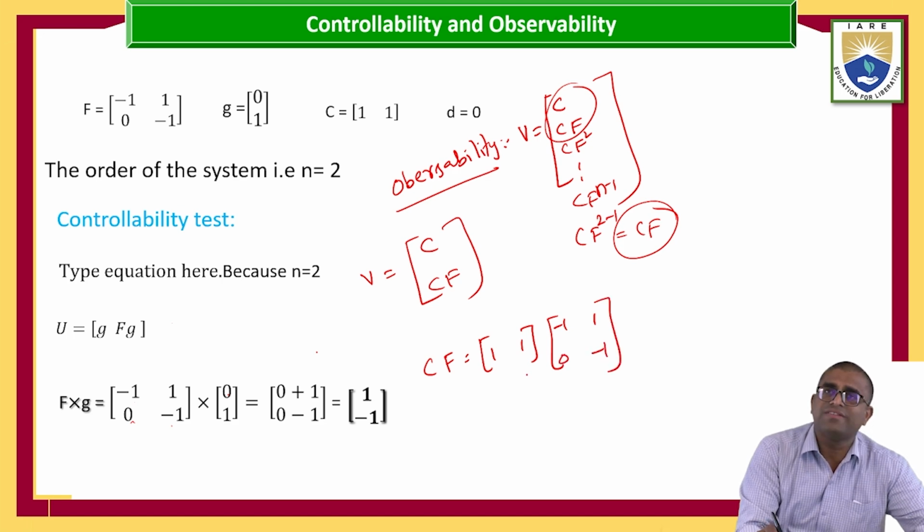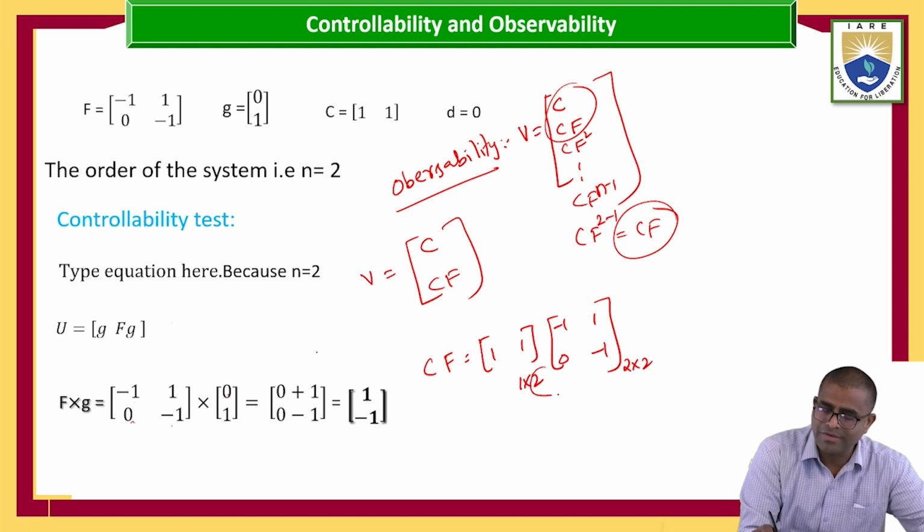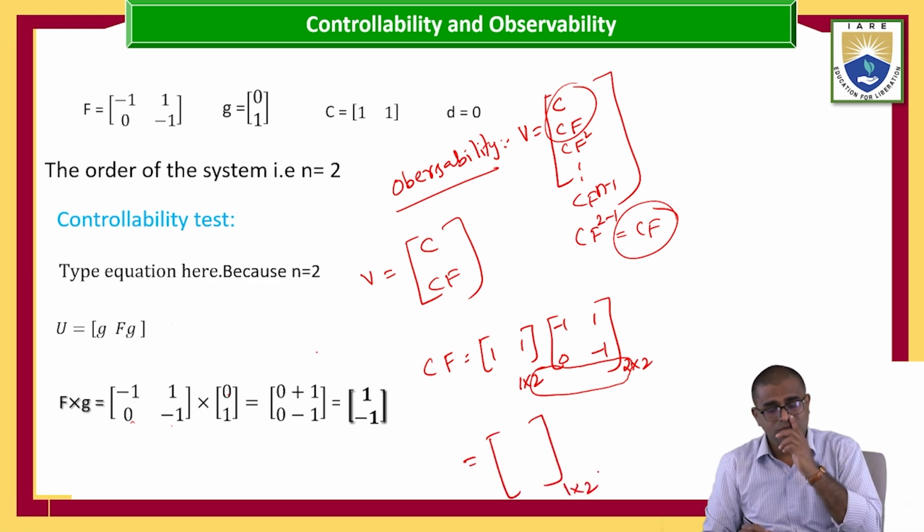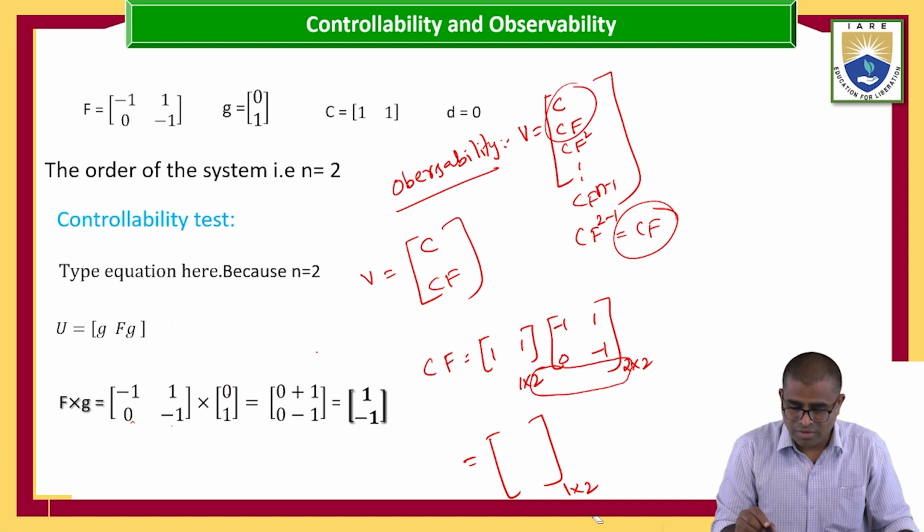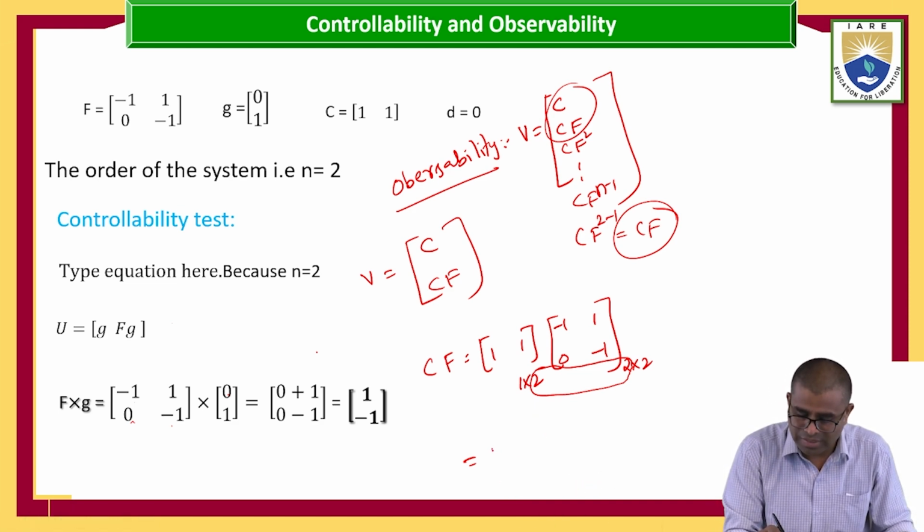The size of C is 1 by 2 and F is 2 by 2. In multiplication the 2s cancel, so the size will be 1 by 2, that is 1 row, 2 columns.